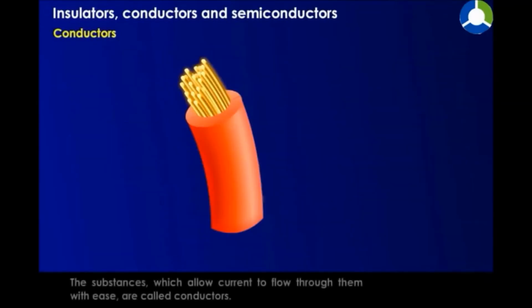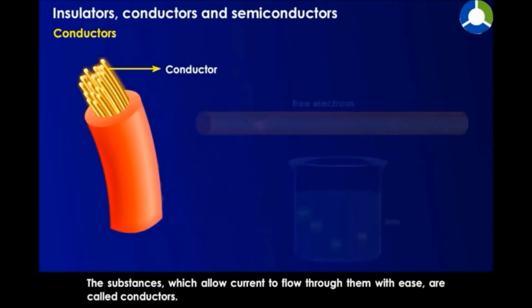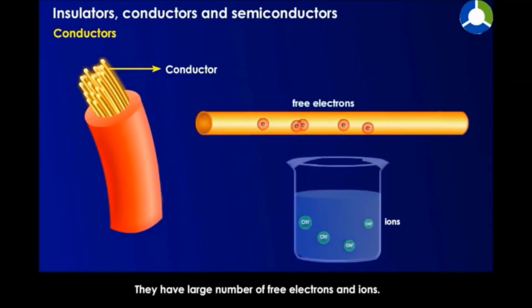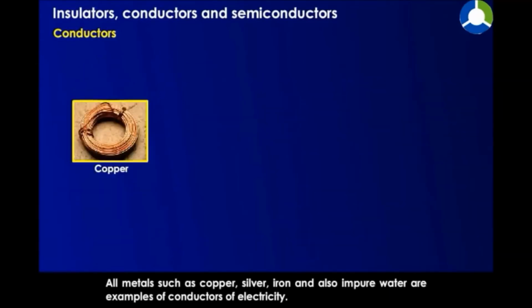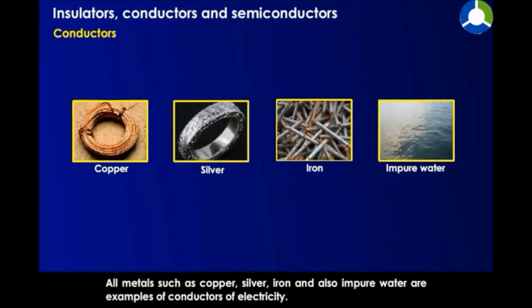Conductors: the substances which allow current to flow through them with ease are called conductors. They have a large number of free electrons and ions. All metals such as copper, silver, iron and also impure water are examples of conductors of electricity.